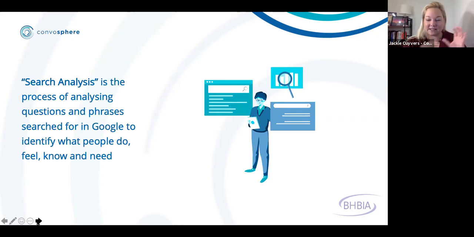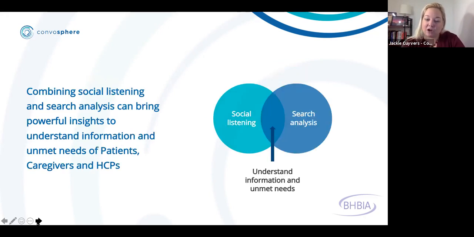But from what people are saying and what people are searching, bring those two together, it can give us a really 360 view on what people are talking about, what they're searching for, what their needs are, and it gives a better perspective on where there are opportunity areas to improve the patient experience, the caregiver experience, and truly become more patient-centric.